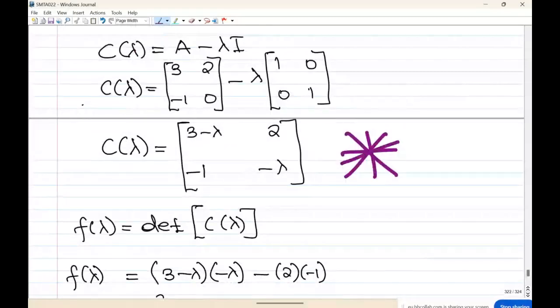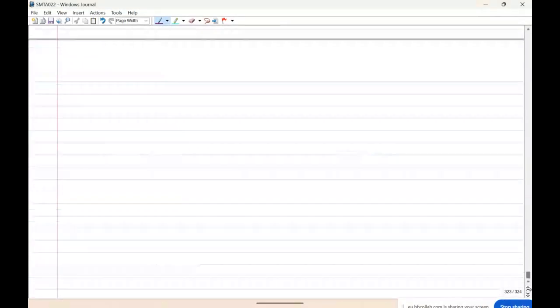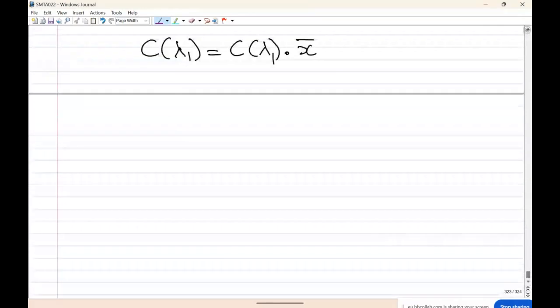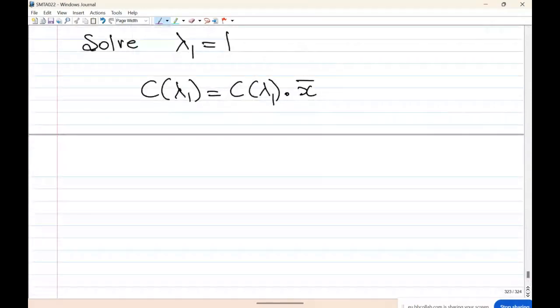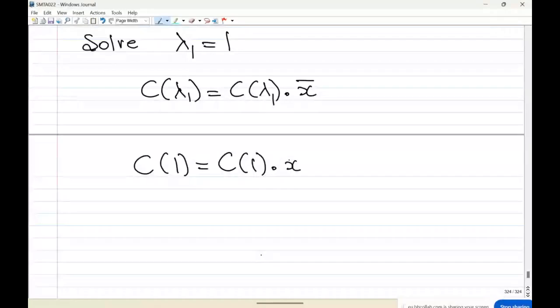Where there is lambda, you put 1. You are going to have C lambda 1 equals to 1, multiplied by this X. That's when now you are going to come back here. You go to the previous one, you substitute where there's lambda by 1.